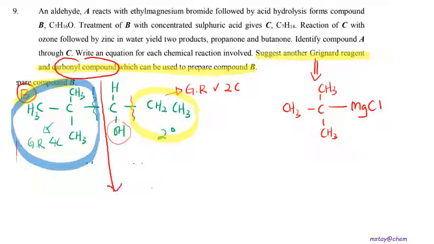So for the carbonyl compound, we just write back here CH, CH2, CH3, and then the OH will become a double bond O. Both this Grignard reagent and the carbonyl compound, when they undergo the similar process, will also produce this secondary alcohol. So I think we have already finished discussing all the subjective questions in the tutorial.